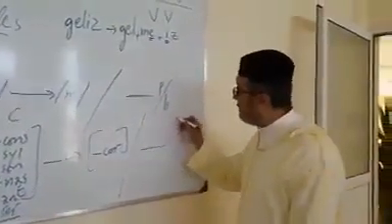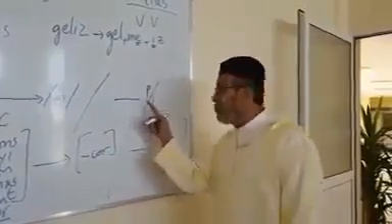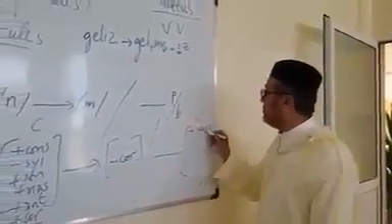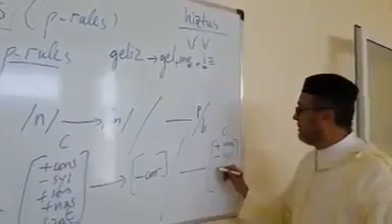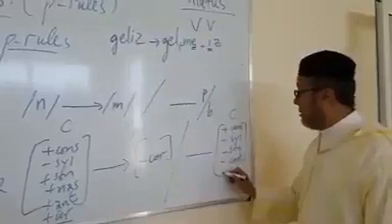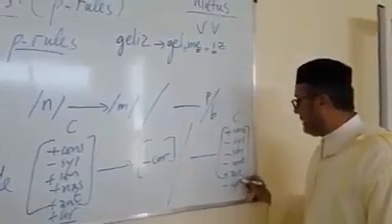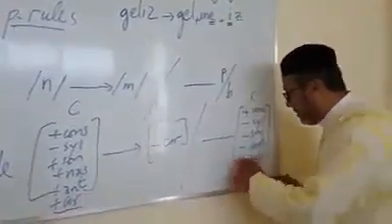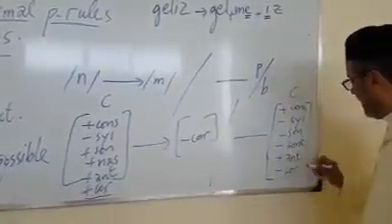So we have to use again a feature matrix for these two sounds. That's plus consonantal, minus syllabic, minus sonorant, minus continuant, plus anterior, minus coronal. Now you are describing p and b.